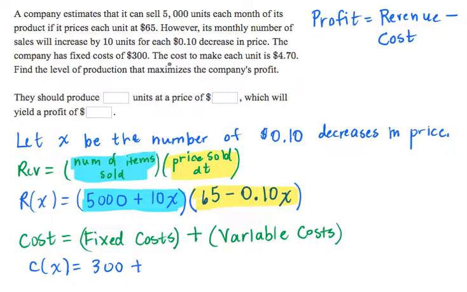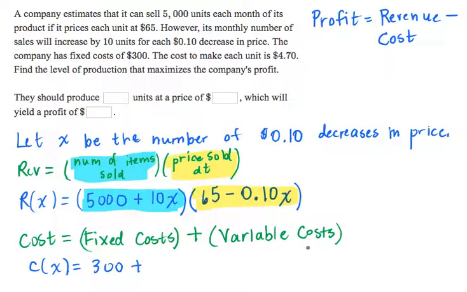Well, let's see, the cost to make each unit is $4.70. So it costs $4.70 to make each item, and we're assuming here that you're actually selling every single item that we make. So if we're selling 5,000 plus 10x items, let's assume that we're actually producing that exact same amount, which is somewhat of a false assumption, but that's what we have to make for this problem.